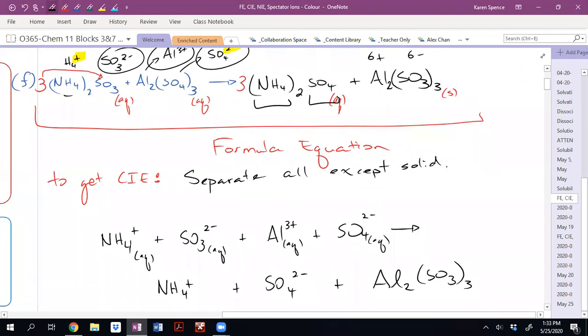Oh, look, I've written all my charges. That's good. Aqueous, aqueous, solid. Okay. Now I want you to think about this. What should our coefficient be for the ammonium here?